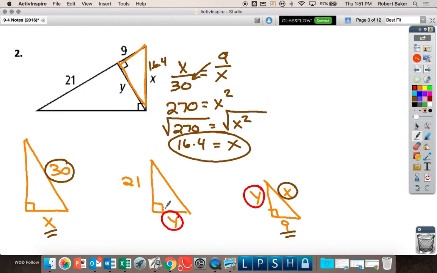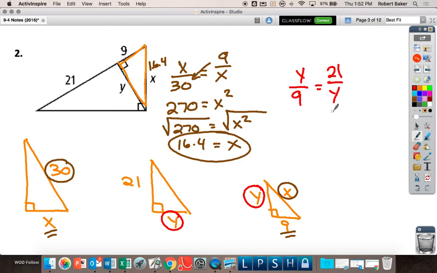Y over 9, and 21 over Y. So we went medium over small, so we have to go medium over small.